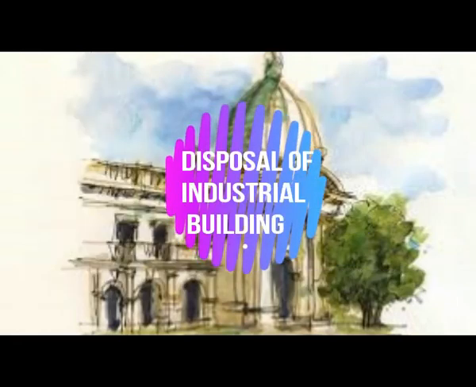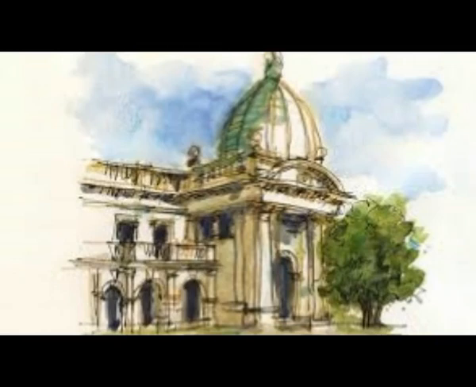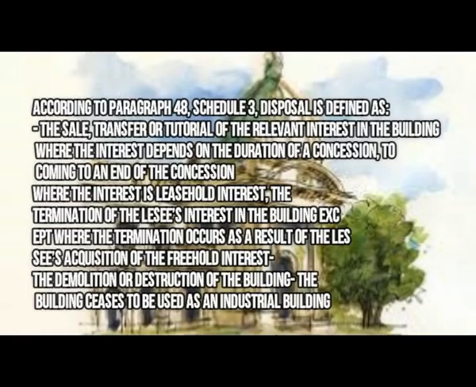Disposal of industrial building. According to paragraph 48, Schedule 3, disposal is defined as the sale, transfer, or surrender of the relevant interest in the building, where the interest depends on the duration of a concession coming to an end.